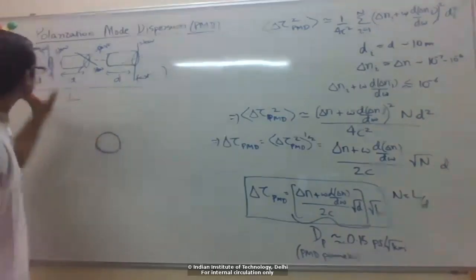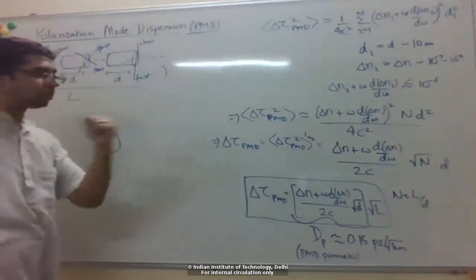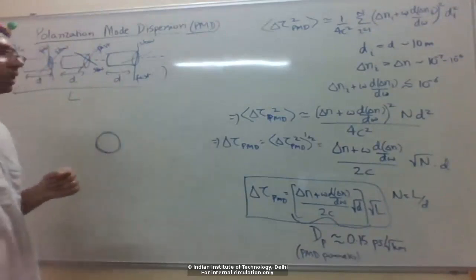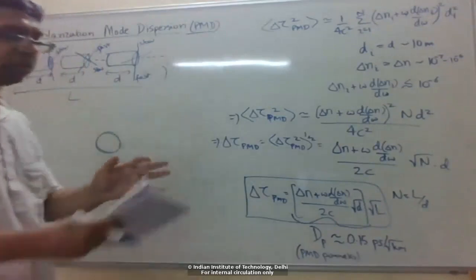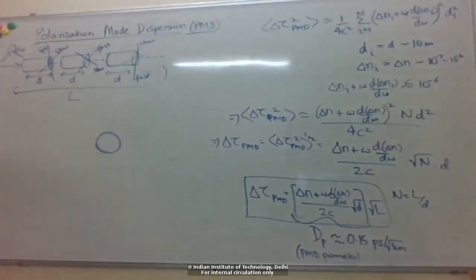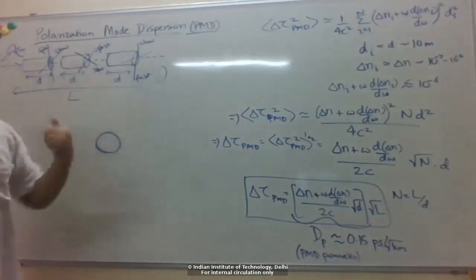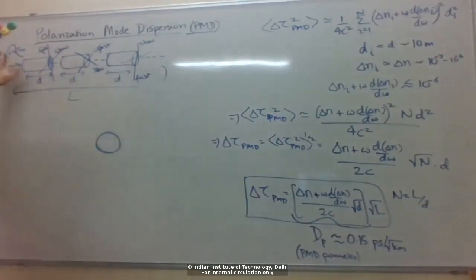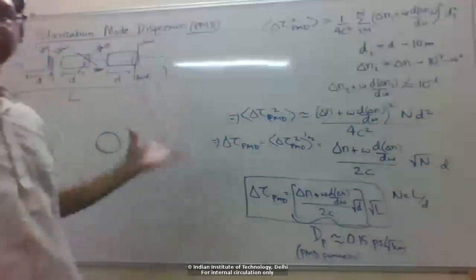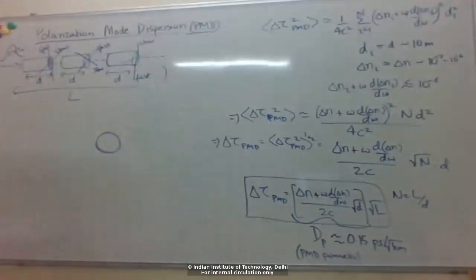So any small distortions lead to small birefringence, which is randomly happening along the length, which is what is leading to this diffusive broadening. And also the polarization is not maintained. You start with some linear polarization, but now it has components along the fast and slow axes which keep varying, so the polarization is very scrambled, right?